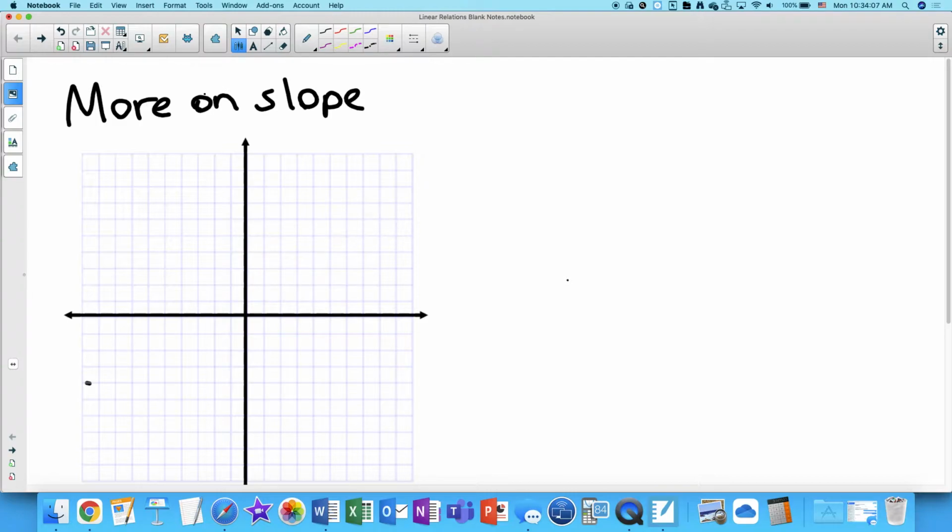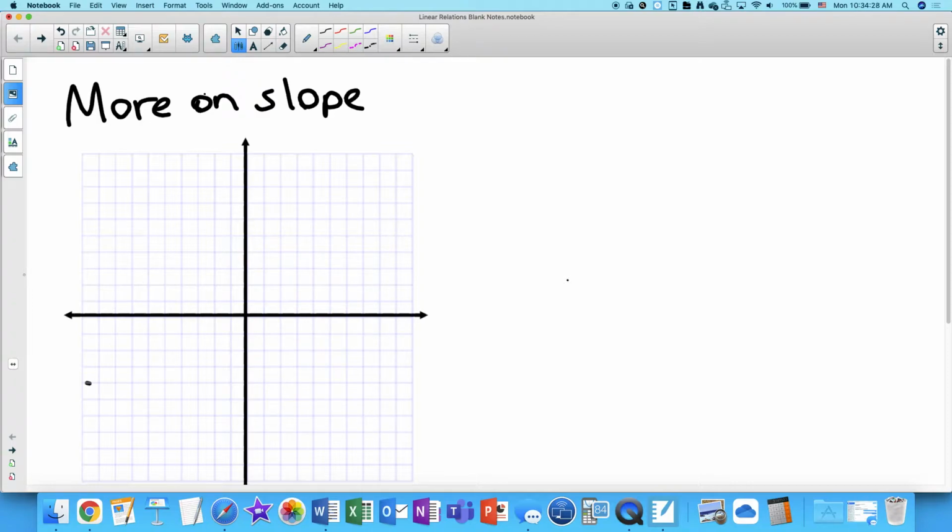If you remember from the last unit, slope and rate of change are somewhat interchangeable, right? They represent the same thing. They appear in the same spot in a linear equation. The main difference, and it's really not even a difference, is that rate of change really implies that we're dealing with a context.